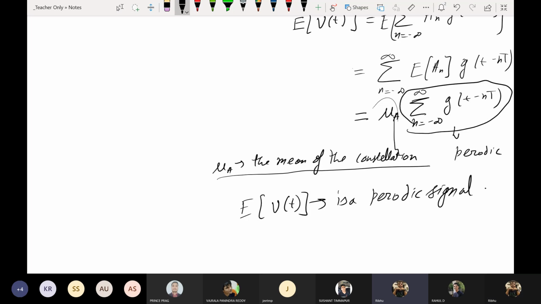Agreed? Great. So the expectation of V(t) is a periodic signal. So I'll stop here, and you should go back and revisit cyclostationary signals from the previous semester. Is V(t) cyclostationary? And what do we mean by cyclostationarity? I expected to cover this today, but now we'll cover it tomorrow. Okay.